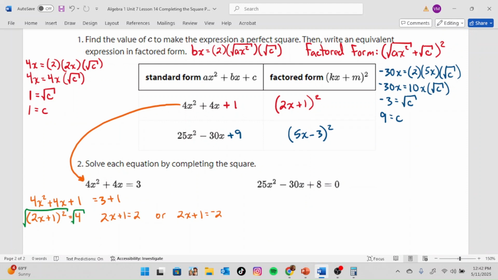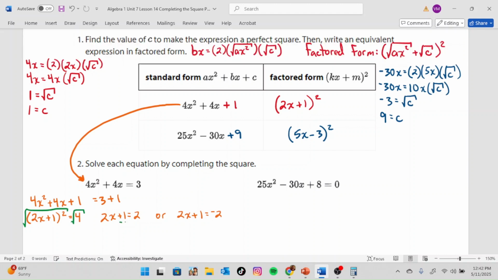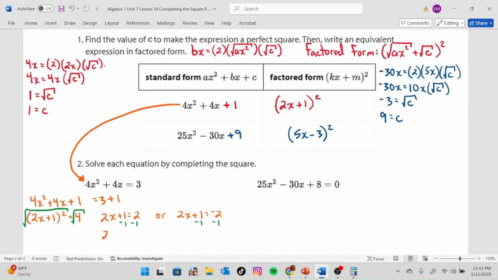We would subtract 1 from both sides of both equations. This gives us 2x equals 2 minus 1, which is 1, or 2x equals negative 2 minus 1, which is negative 3.